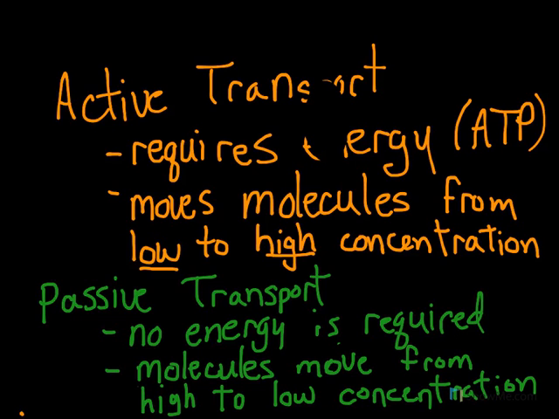So molecules move from areas of high to low concentration, and we like to think of passive transport in terms of diffusion. We defined diffusion in another video, but diffusion is simply the spreading out of molecules from areas of high concentration to low concentration. Just random molecular movement is going to do that, so the cell doesn't have to expend any energy at all.